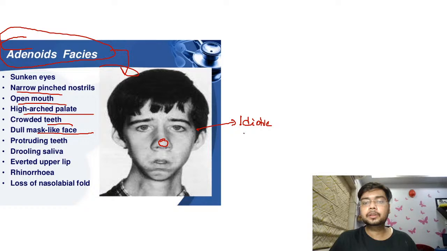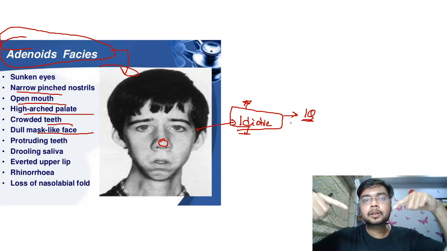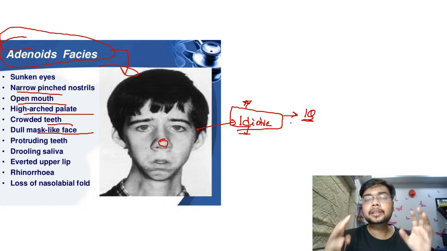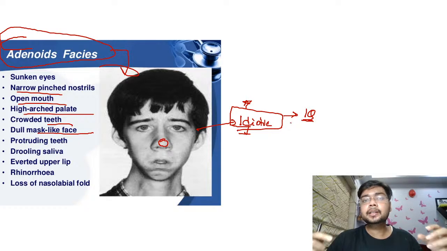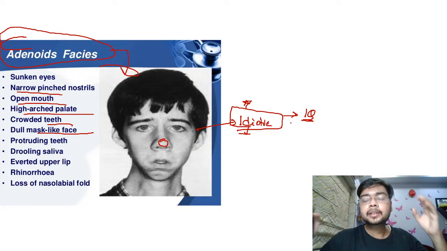Why idiotic? IQ-wise also they can be sort of idiotic. By this I mean that they are low in intelligence quotient or low in learning. Why? Because these adenoids cause blockage of the eustachian tube, which in turn results in otitis media with effusion in the ears. Both ears have fluid, and that is why there is a conductive hearing loss in this patient.